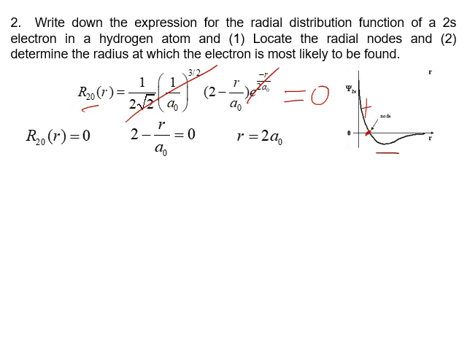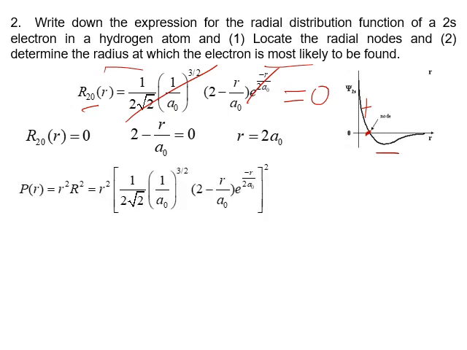To find the most probable distance, you need to look at the probability distribution function, not the radial wave function itself. So it's the radial wave function squared times r squared. That's this function. Simplify, and you get this function.